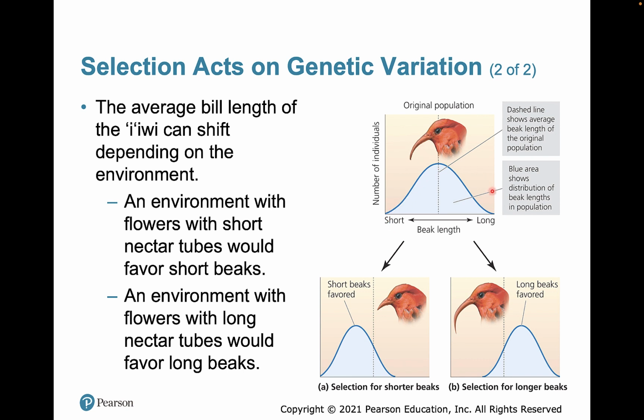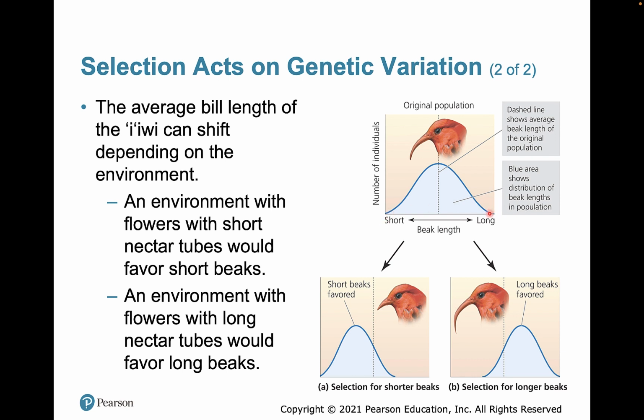So here's a distribution of iiwi, and this is the average beak length of the original population. We talked about the fact that members of a species vary in their traits. So some of the iiwi in this population have a short beak.